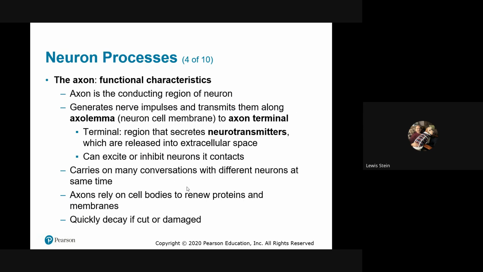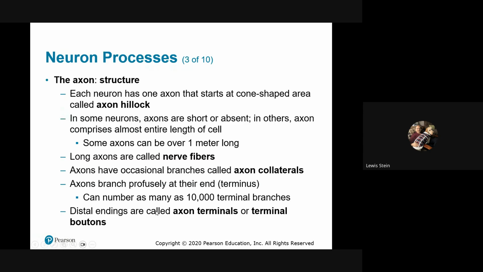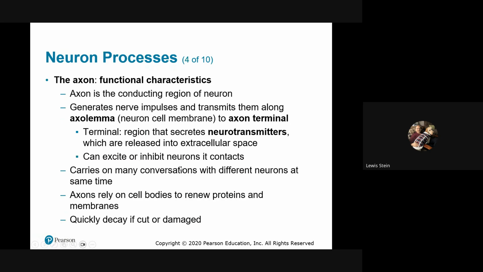And so as you can see, many conversations, cell bodies renew. The trouble is, axons are peripheral axons here. Again, I talked about that a little bit previously. There are nerve repair mechanisms there. The ends can seek each other out.